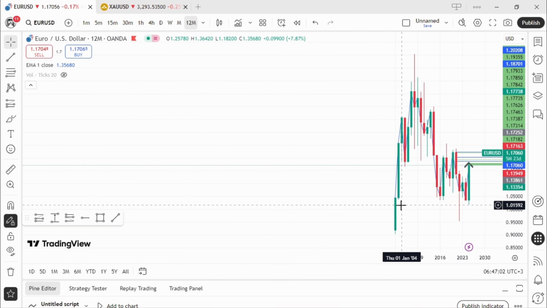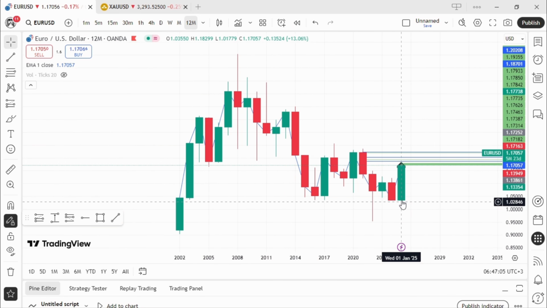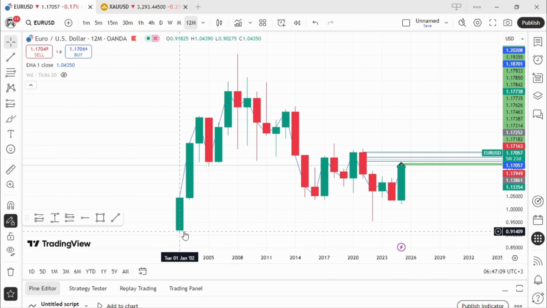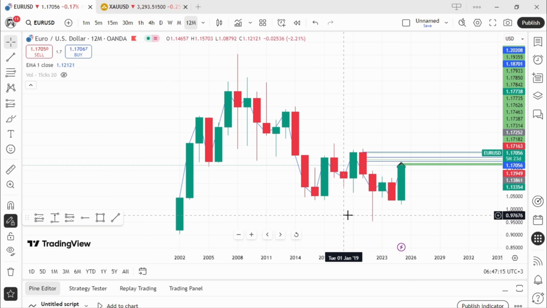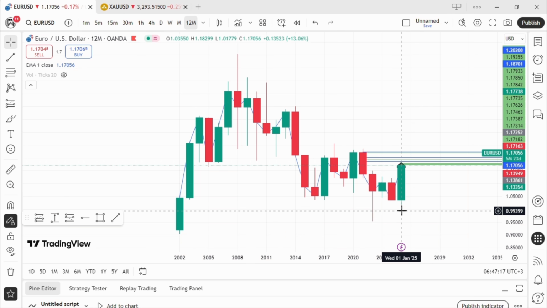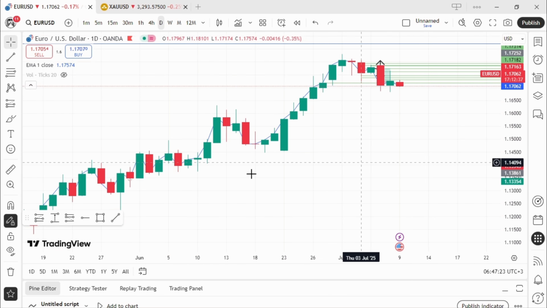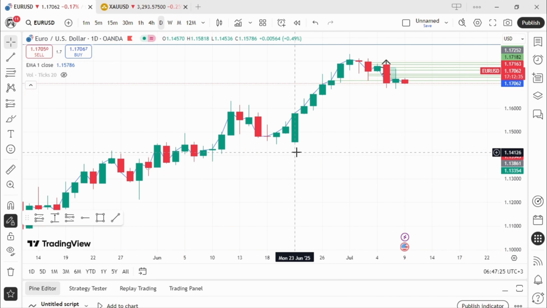These candlesticks form once a year. You can imagine, this is data for how many years? This is Jan 2002. Some of you watching this weren't born. This is 2025. MetaTrader doesn't have yearly candlesticks.